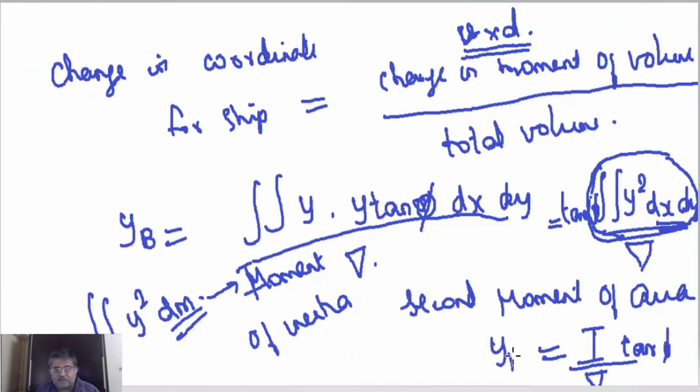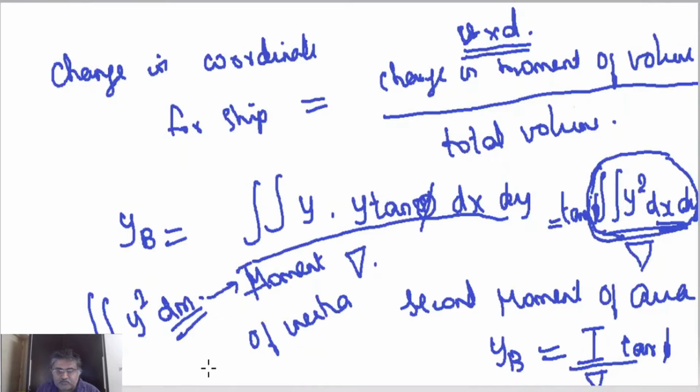This is YB, the distance through which the centroid of the underwater volume moves because of the heeling. This will be made a little clearer. I know it's a little confusing now, but it will become clearer with this next figure. Remember this expression, okay? I by del tan phi is YB.